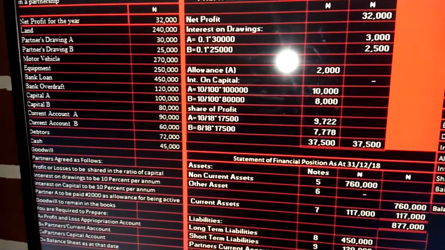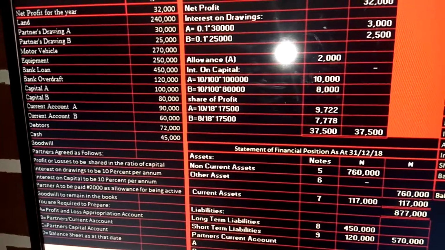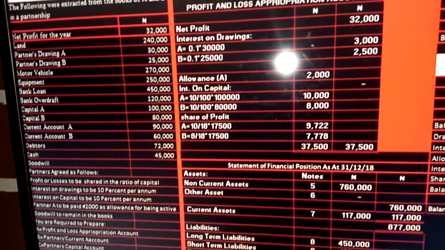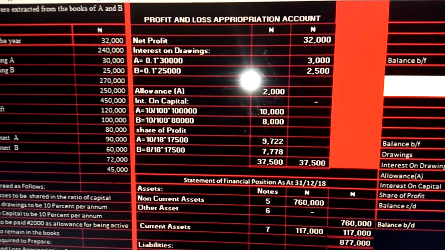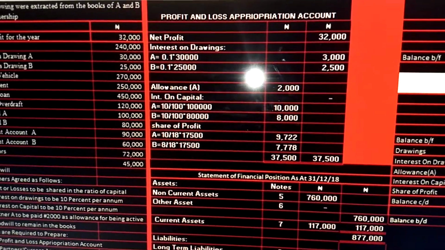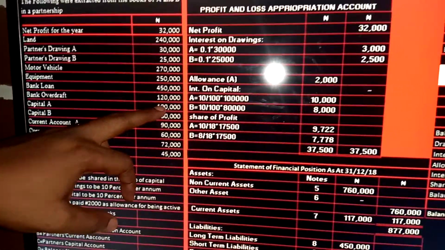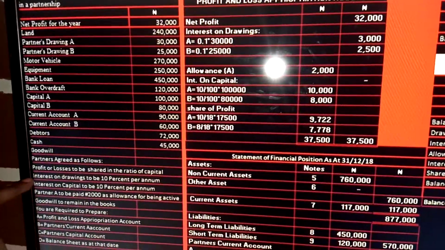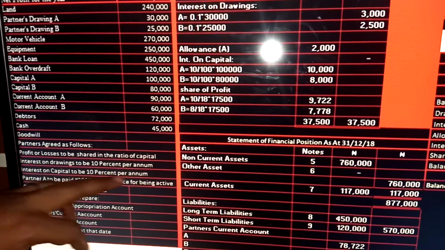The partners brought in an amount of capital that needs to attract interest for putting it in the business. So now what is the capital? We have partners' capital. A here is 100,000. The agreement is interest on capital to be 10% per annum.